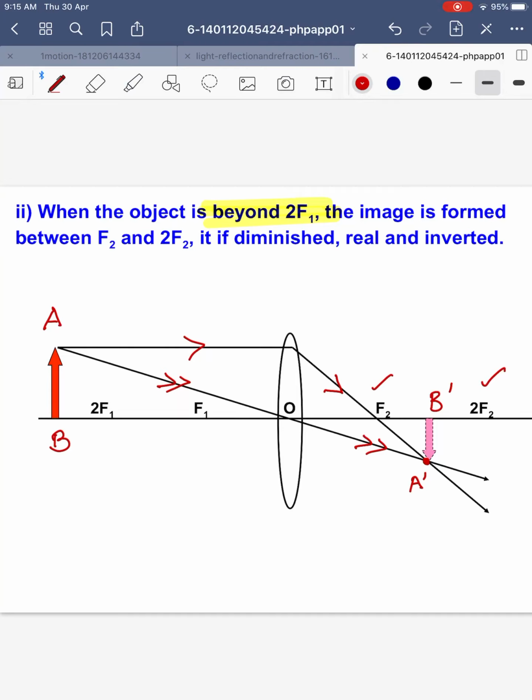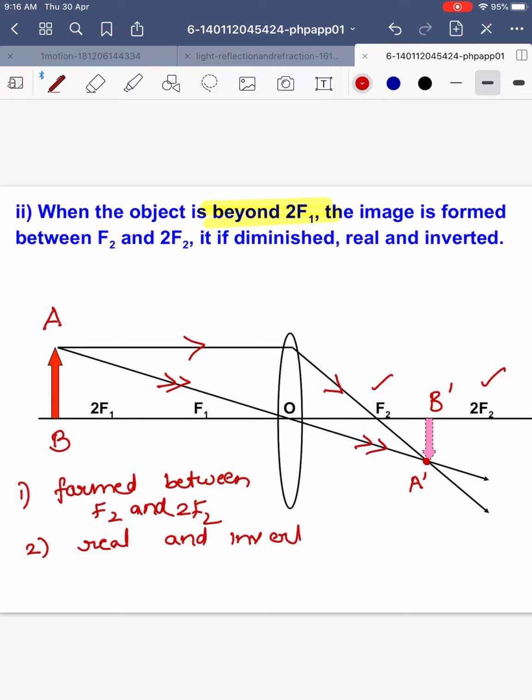So the nature of image is, it is formed between f2 and 2f2. It is real and inverted and smaller in size than the object.